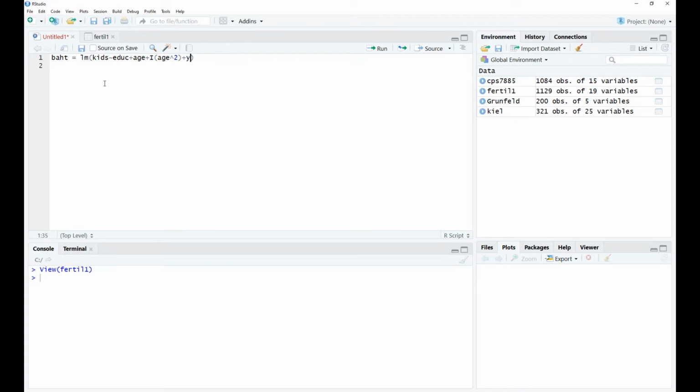So 1974, 1976, 1978, 1980, 1982, and 1984. And the data is filter 1.